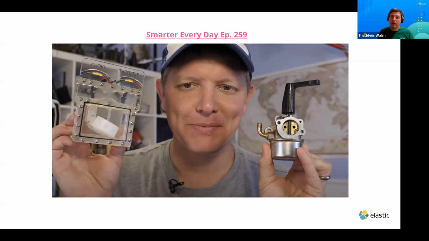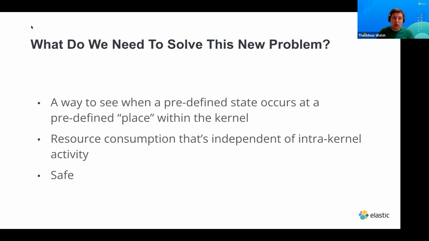And this is a great way to think about eBPF. You are essentially creating a magic window into an engine, and you're doing it in a way that is safe and proven.